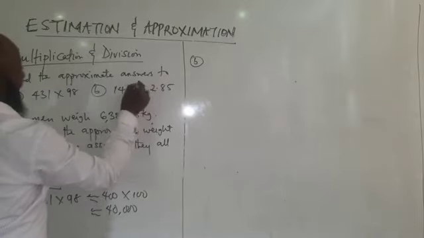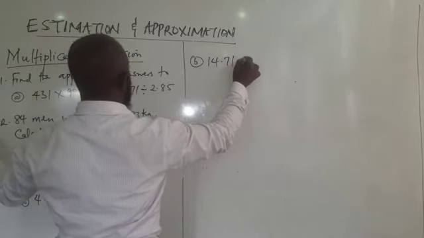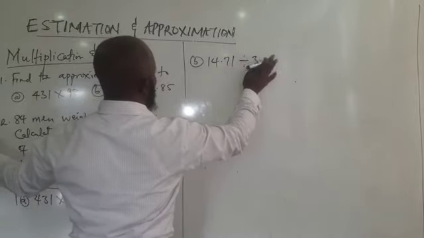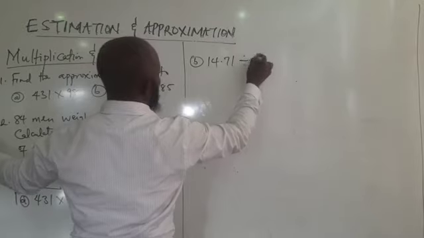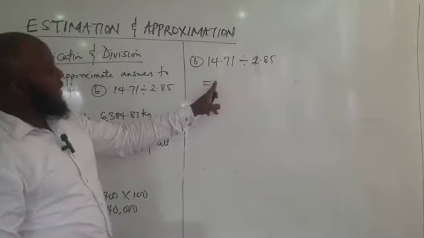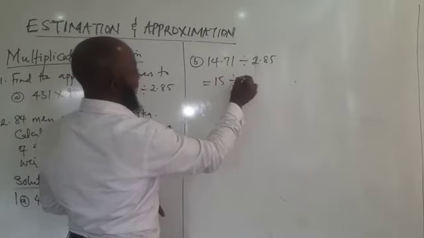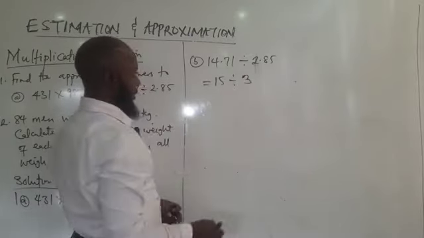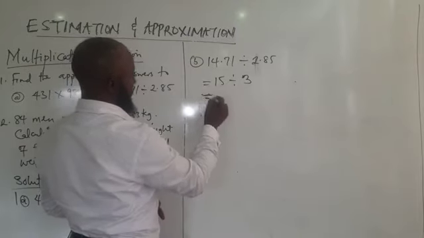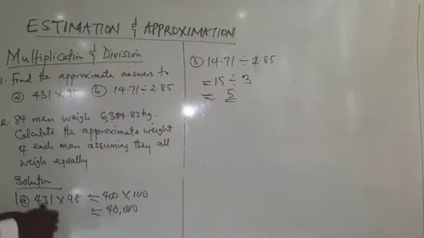This is 14.71 divided by 2.85. We write it again to one significant figure. So this will give us 15 divided by 3, and that gives us approximately 5. I hope this is very clear.